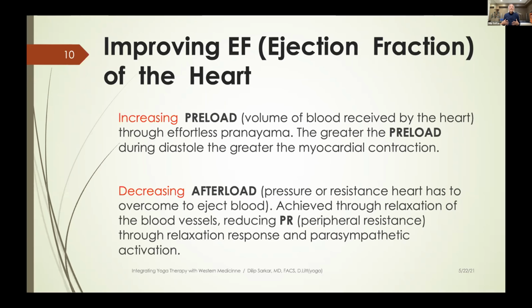The moment you breathe out, intrathoracic pressure starts to come down. You get a negative intrathoracic pressure. What happens? The venous return from the inferior vena cava and superior vena cava increases, so you have a better preload for your heart. And with the relaxation response, you reduce the afterload. That means you relax your peripheral blood vessels, relax your peripheral resistance, and increasing preload and decreasing afterload increases your ejection fraction.